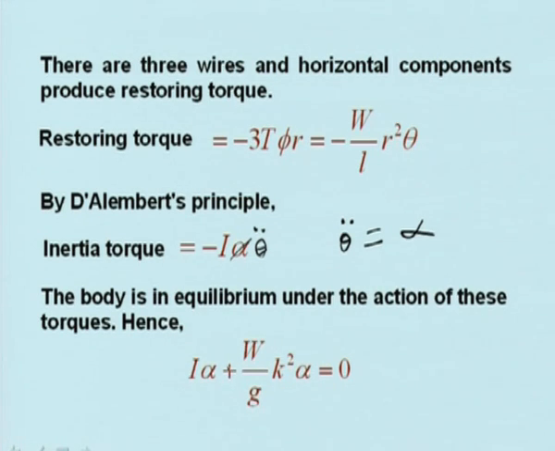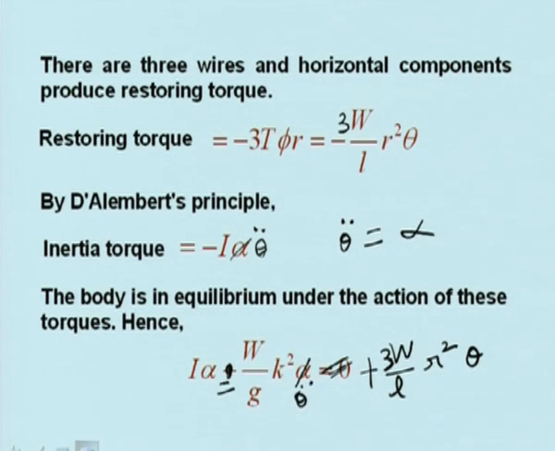I alpha can be written as W by g k square alpha, because I is equal to W by g k square, and plus you add here 3T times R, that is 3 W by 3 L, so W by L R square theta.